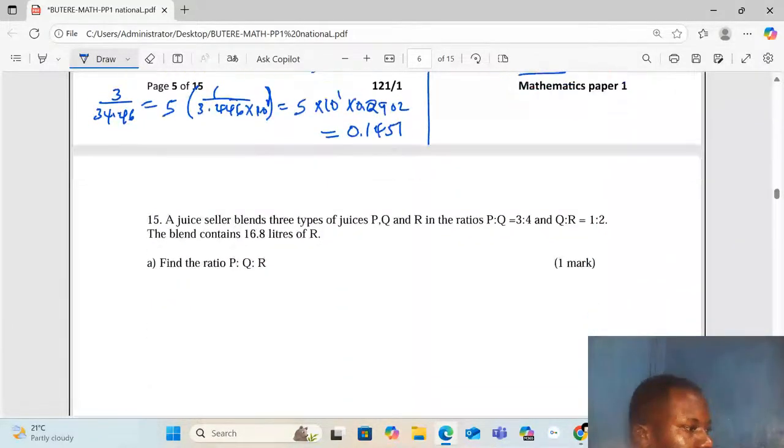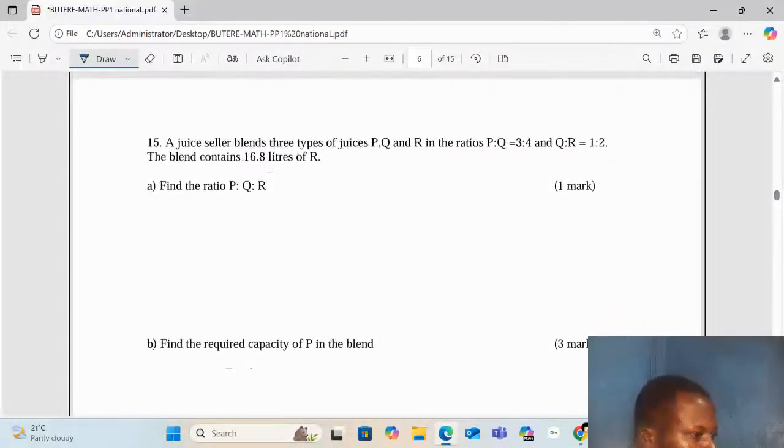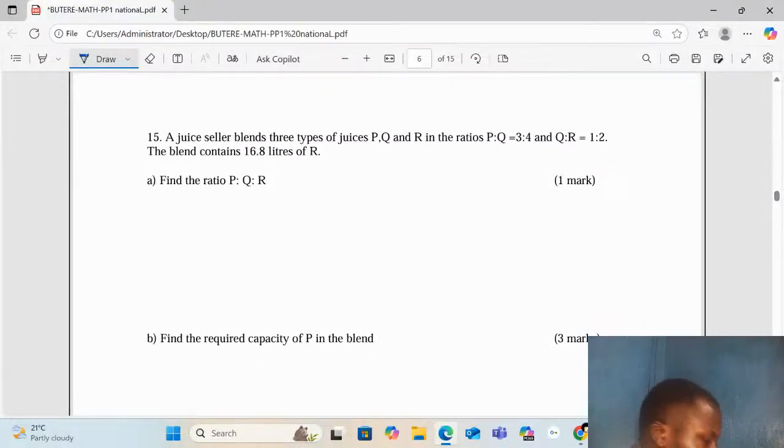Then we move to question number 50 on ratios. Now you are supposed to consider a juice seller. This juice seller blends juices.